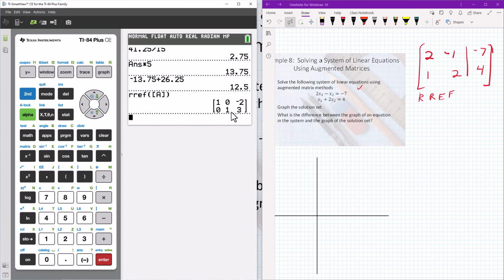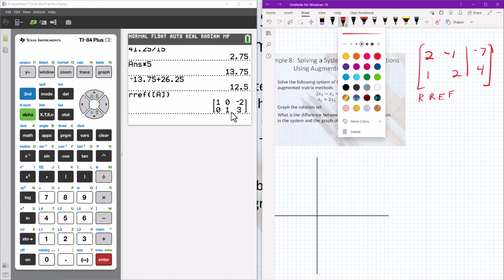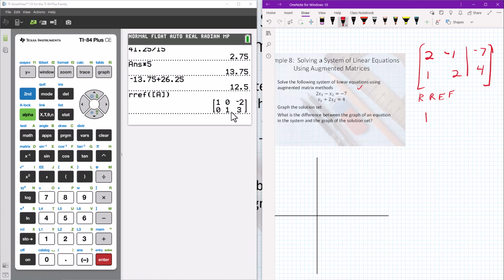And that is, I'm going to write it over here. That is 1, 0, -2, 0, 1, 3. And that right there tells you that x1 is equal to -2, and that x2 is equal to 3.